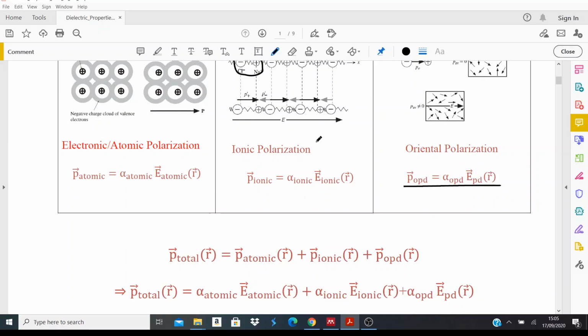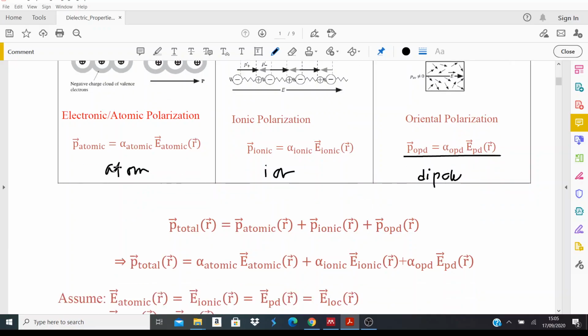So you can see in these three cases, we are talking about the electric field on an atom, on an ion, and on a permanent dipole.